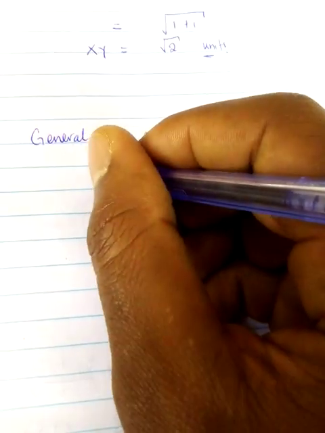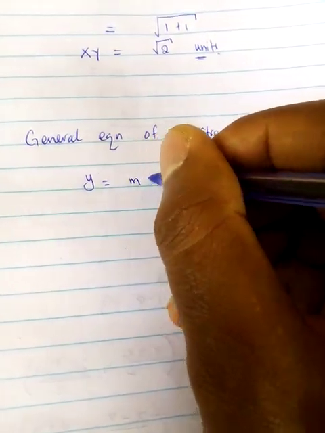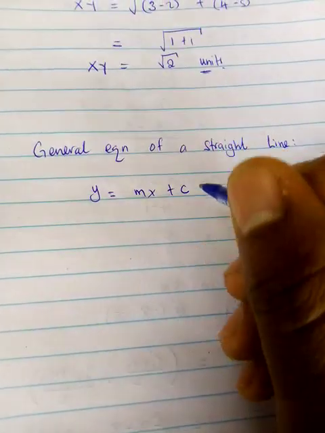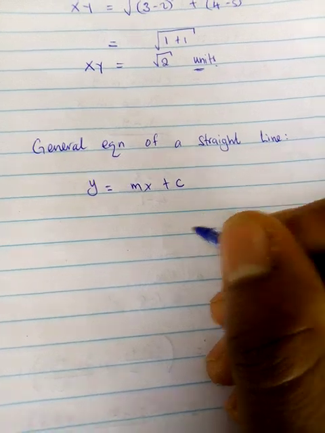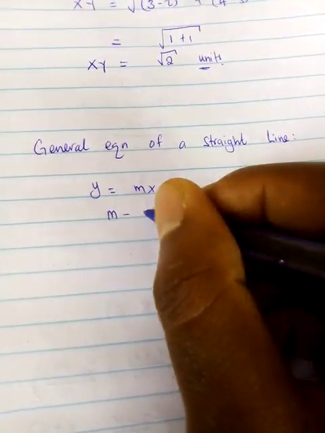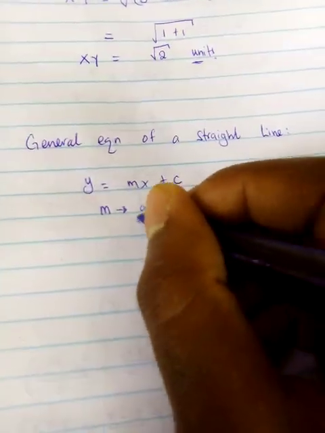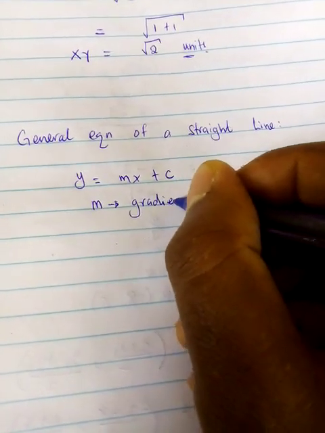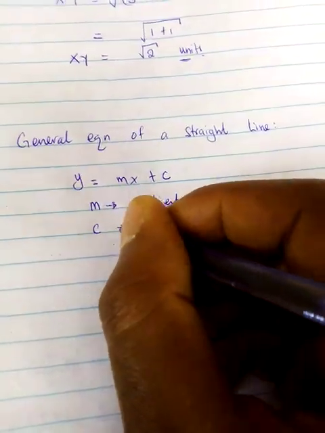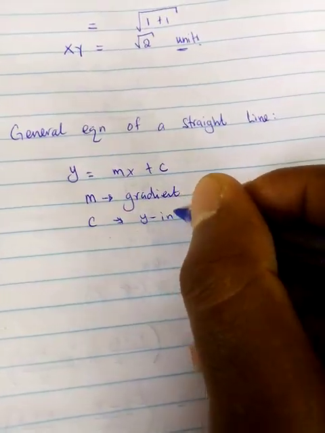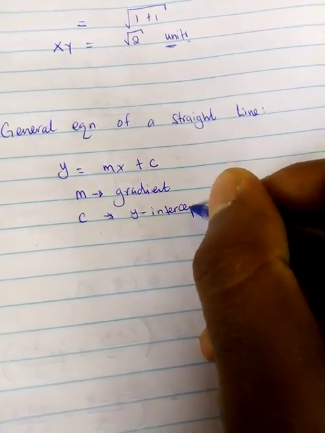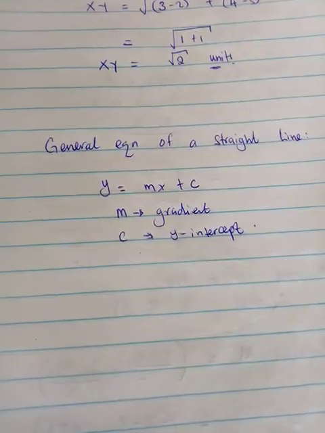It takes the form y equals mx plus c, where m stands for the gradient of the line, and c stands for the y-intercept.